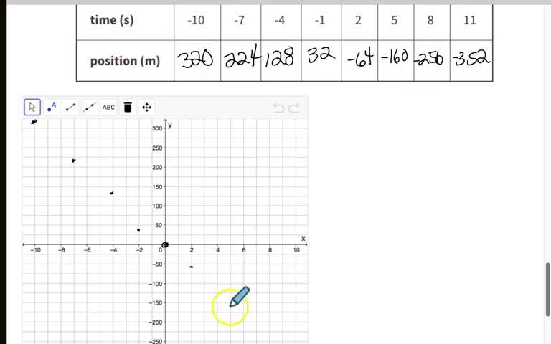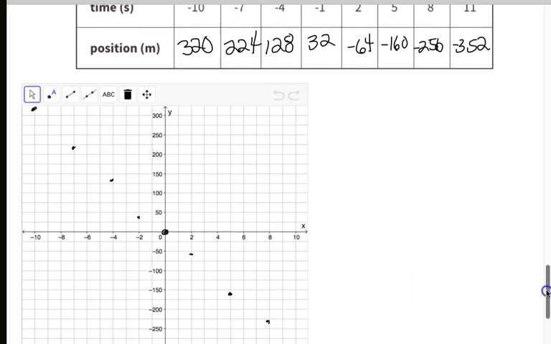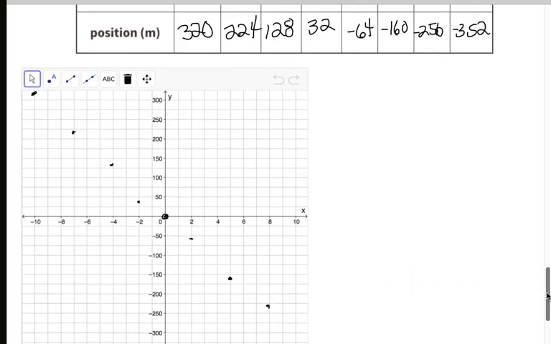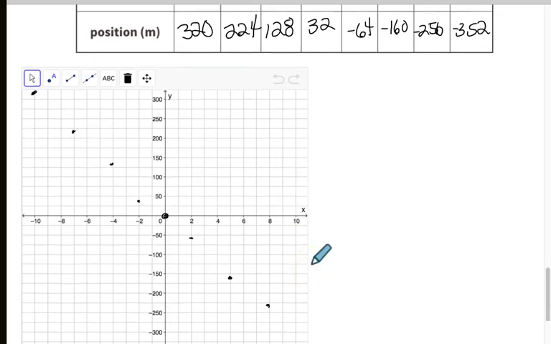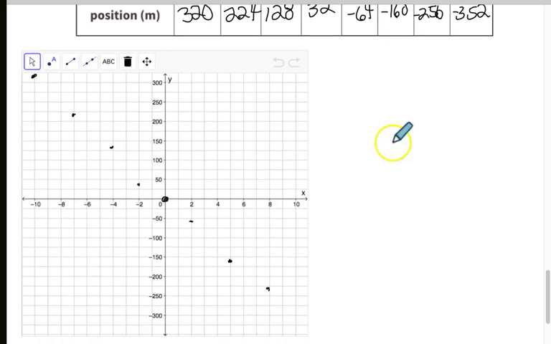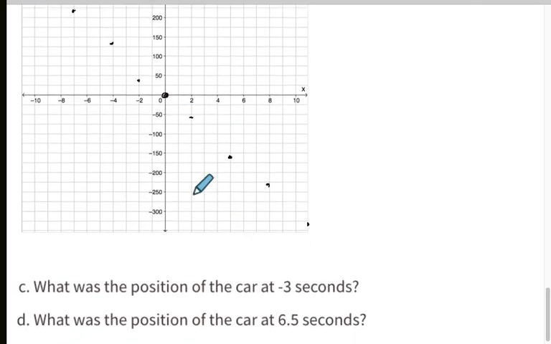Positive 5, negative 160, positive 8, negative 256, and 11 and negative 352, which would be somewhere down here. If you notice the line is going down from left to right, that means it has a negative slope. Just an added thing in there.